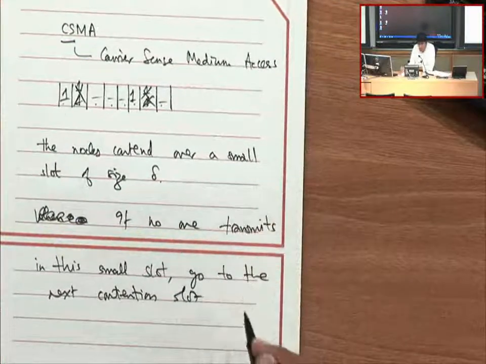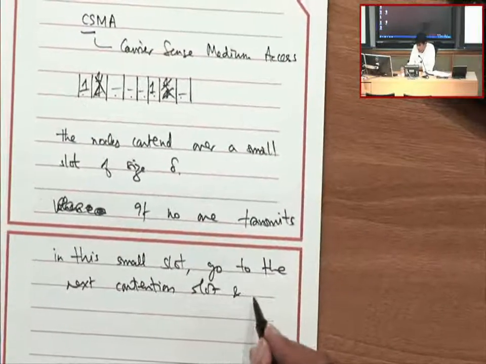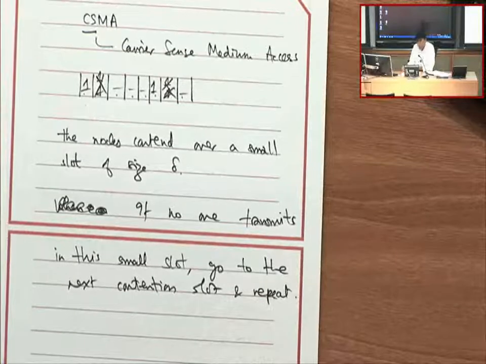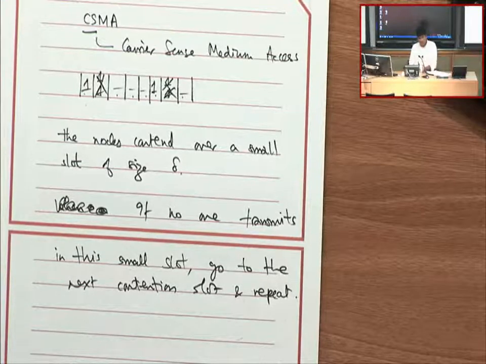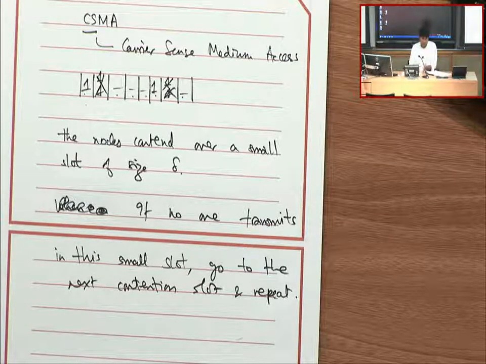So the small slot is called the contention slot. What you're doing is trying with probability P to send the packet, and if you don't win the contention in this slot, you try again.